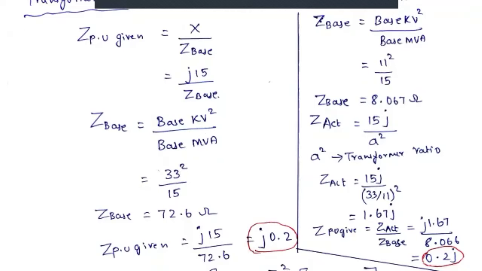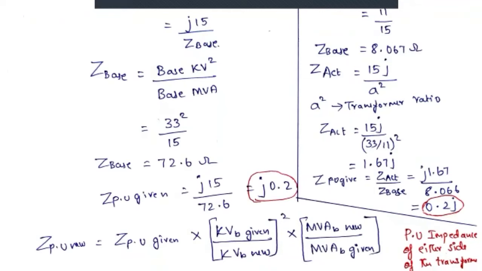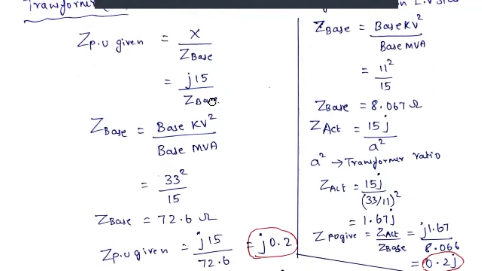So while simplifying, we are getting the Z base value as 72.6 ohms. Next, Z per unit given equal to Z actual by Z base, that is 15J divided by the base value we calculated, 72.6. So we are getting the answer as J into 0.2, if we are taking the primary side.